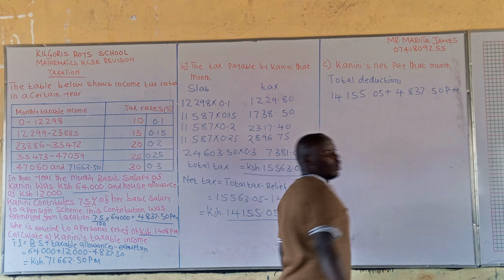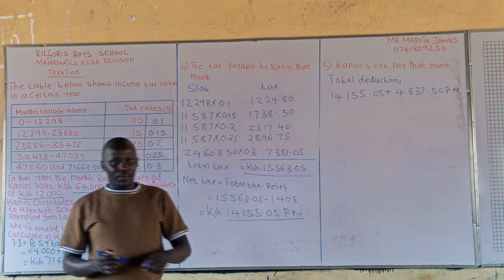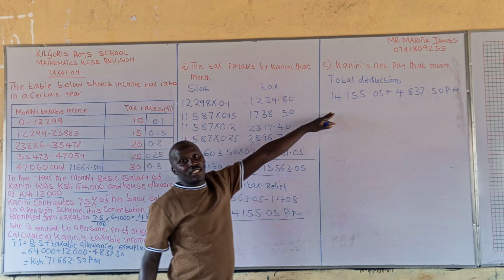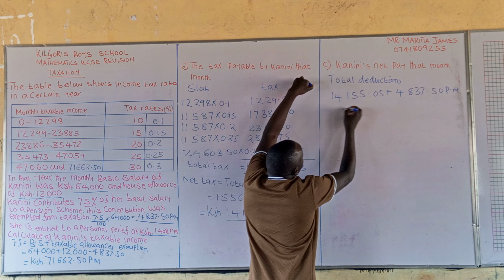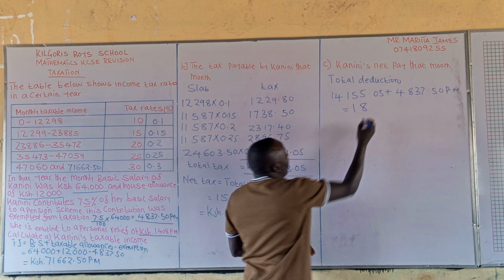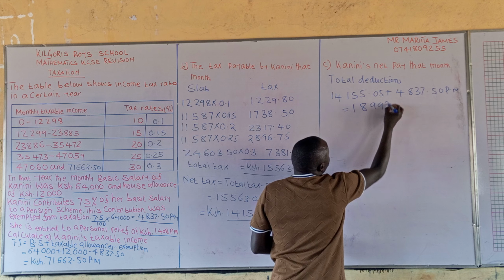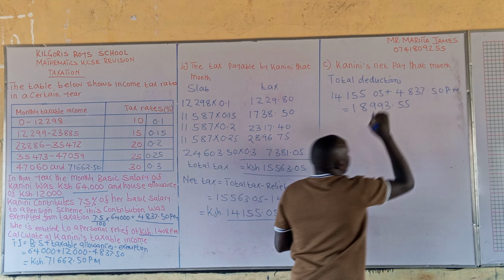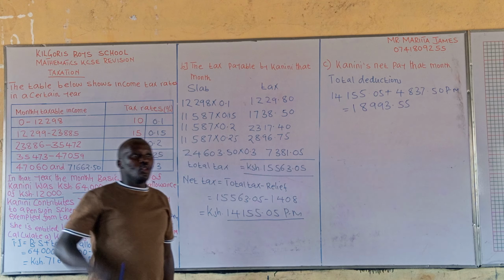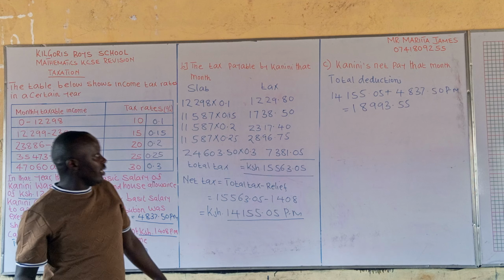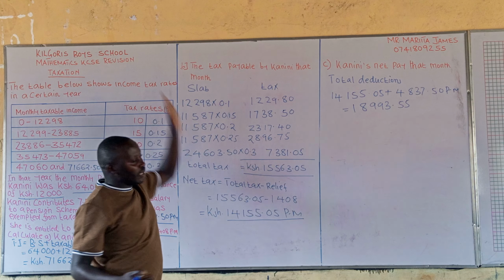So you will get the total deductions as 18,993 and 55 cents. To get now the net pay per month, it is the taxable income.